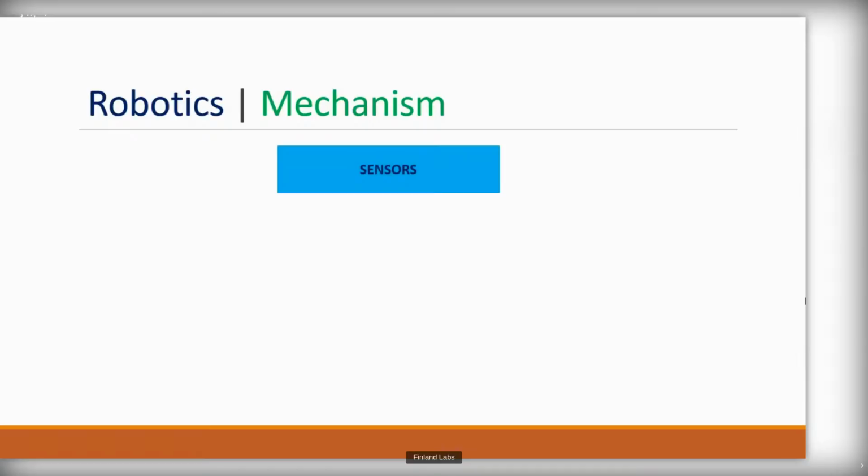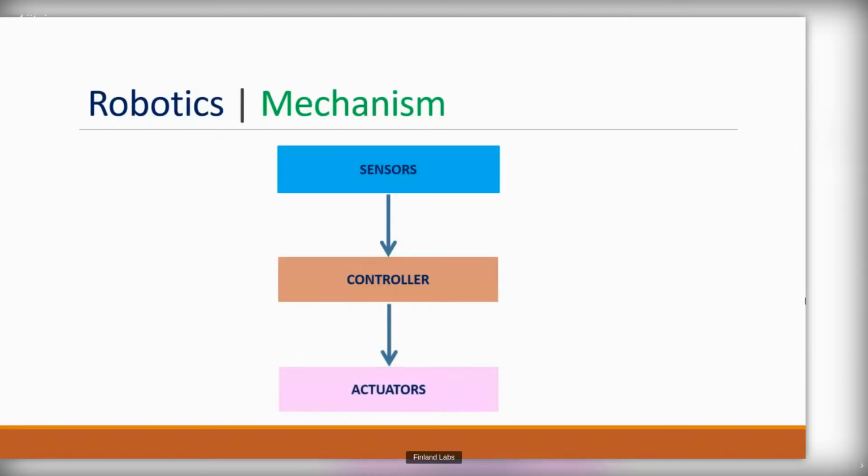Same thing we have in robotics also. In robotics, we have some sensors that sense the change in environment, and after sensing that value, it is sent to a controller, a microcontroller or microprocessor. That controller processes whatever input is received by the sensor, and according to that input, it is sent to the actuator.